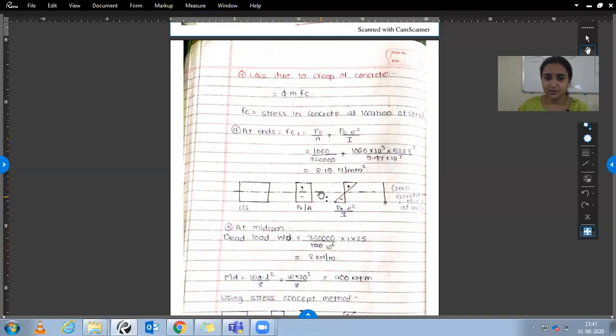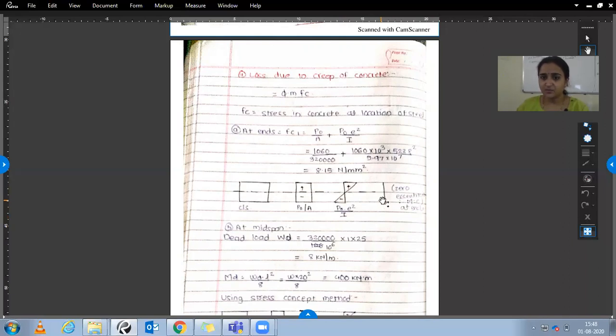Here we know the direct and bending stress diagrams. According to that, this is due to the initial pre-stress. This P0 by A value is because of the initial pre-stress, and this value is because of the eccentricity.